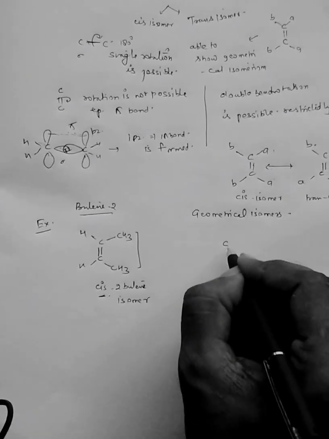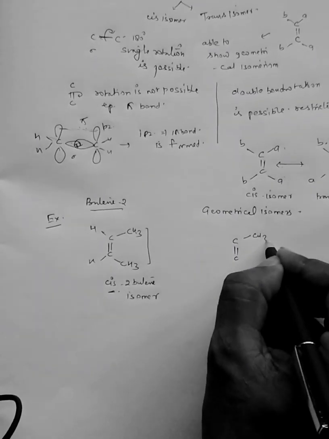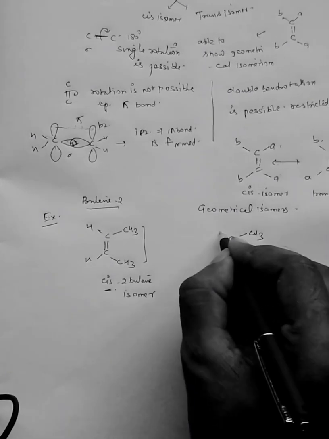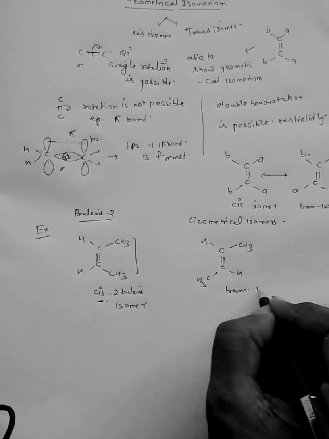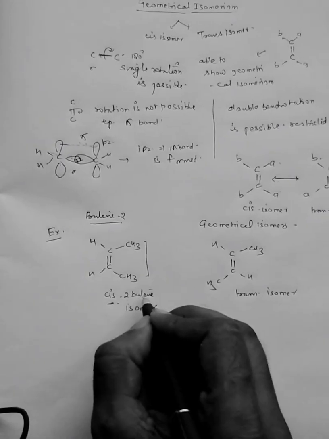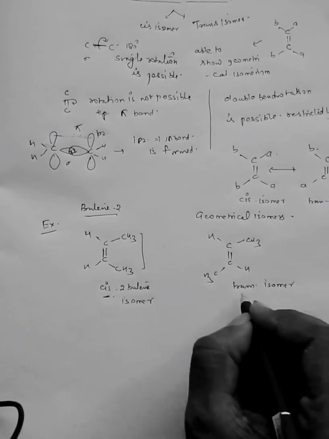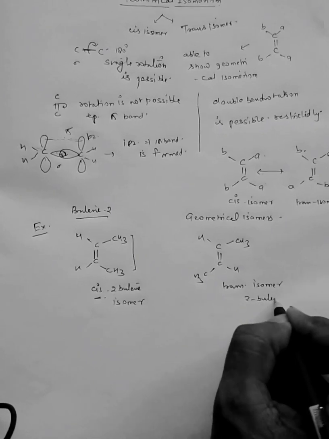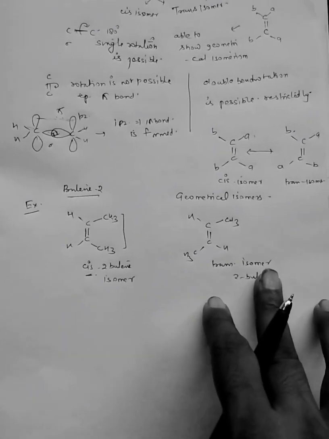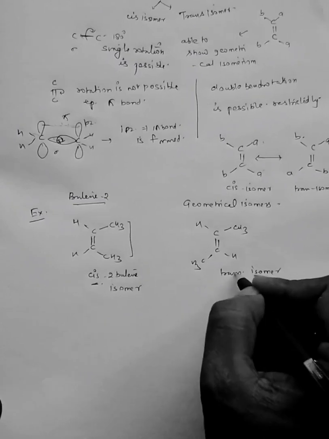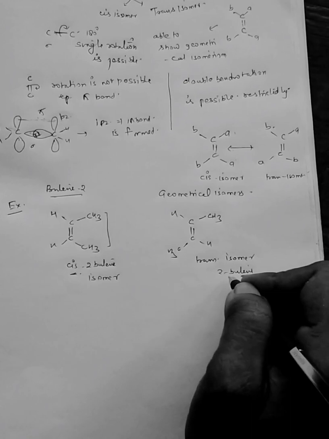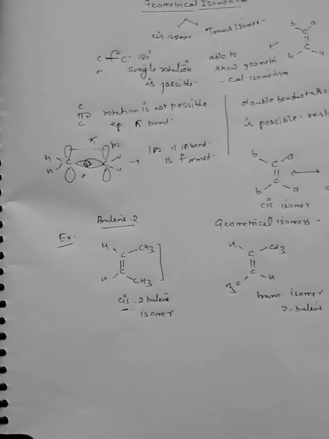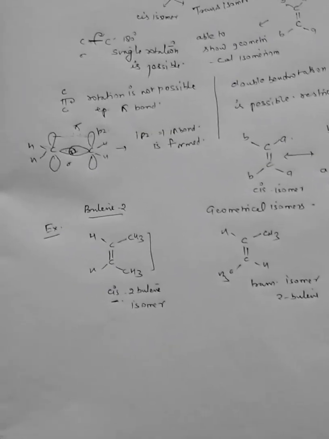The other condition can be held like that, and this is called the trans isomer. Why is it trans? Because CH3 and CH3 are in the anti position, so that's why it is the trans isomer of 2-butene. So these are the basic fundamentals of geometrical isomers.